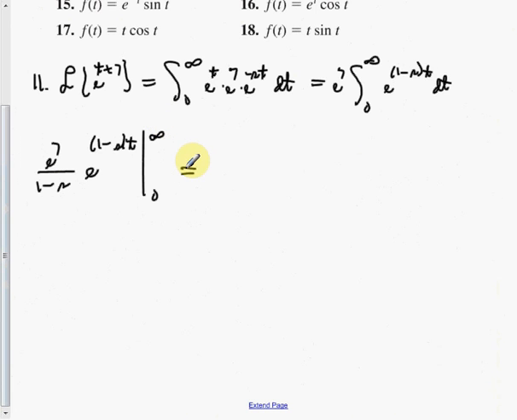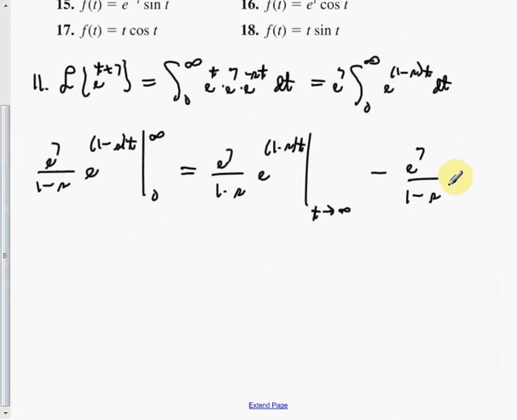And so this is, evaluate this at infinity, e to the 1 minus s times t as t goes to infinity. Then you evaluate this at 0. So this is minus e to the 7th over 1 minus s times e to the 0.